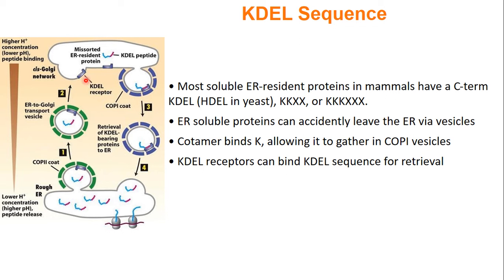The Golgi also has these KDEL receptors. These KDEL receptors bind the KDEL sequence, binding the proteins that belong in the ER. These KDEL receptors go into COPI vesicles and back to the ER you go. So anything that escapes and is not meant to escape will be returned to the rough ER because of the 4 amino acids at the terminus.